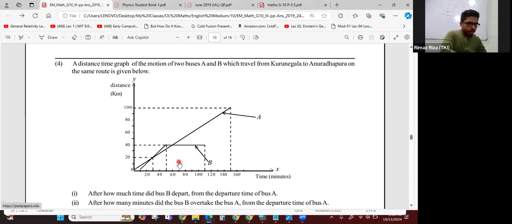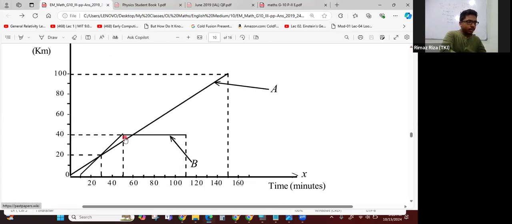So you can see the bus stops here from 50 minutes to 110 minutes. 110 minus 50 is 60. So exactly 1 hour it is repairing the mechanical error.